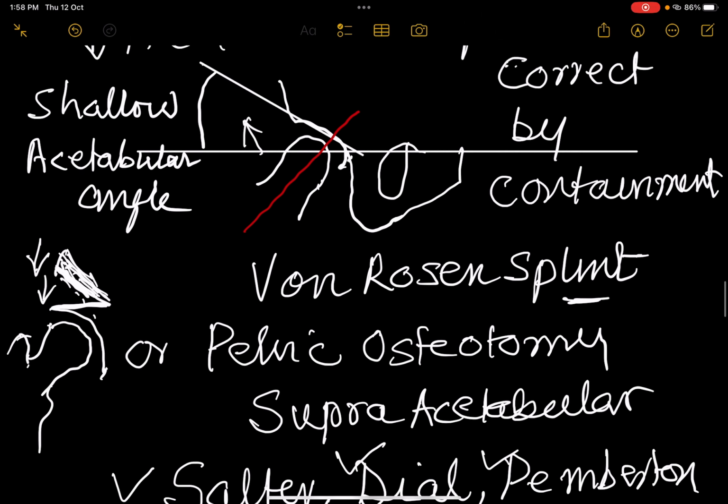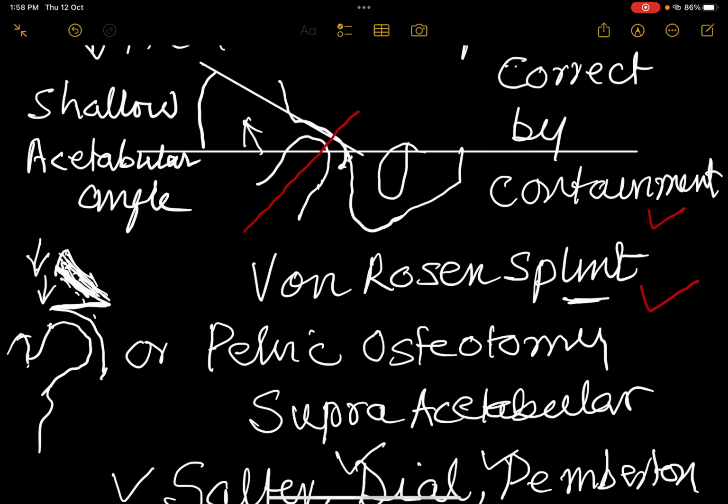So you have to do a supraacetabular osteotomy, a pelvic osteotomy, and you have to restore the acetabular angle. Good containment by von Rosen splint will prevent your doing all this.